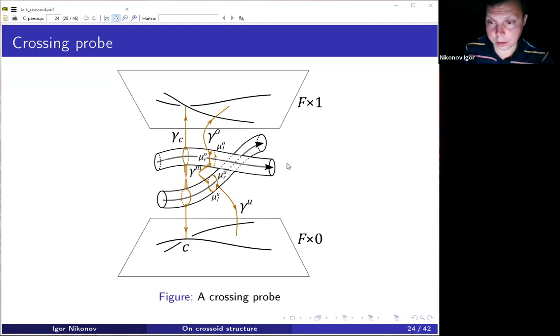So we may consider a tubular neighborhood of the knot, and in this case, we can split this path into three arcs: under arc, middle arc, and over arc. And the intersection points also give two meridians on the tubular neighborhood. So we have the following paths. Then we may use this path gamma and mu to define some crossoid structure on the set of these homotopy equivalence classes of paths.